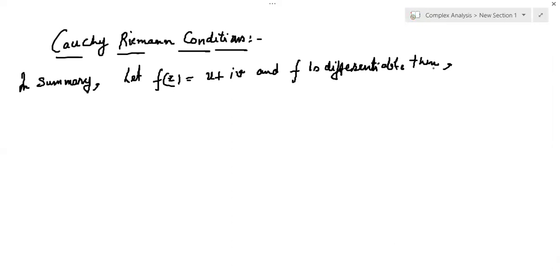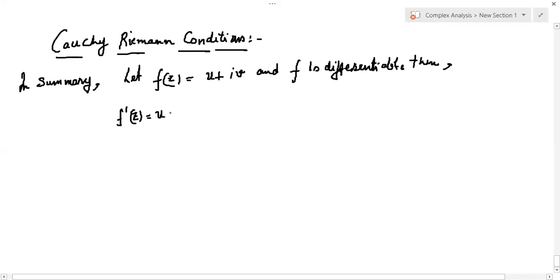You should remember this, because at times it is directly asked in the exam. Then f dash z can be written as ux plus iota vx, and f dash z can also be written as vy minus iota uy.